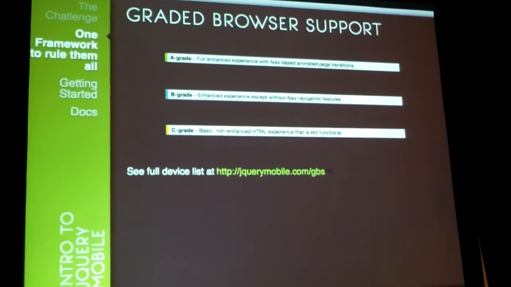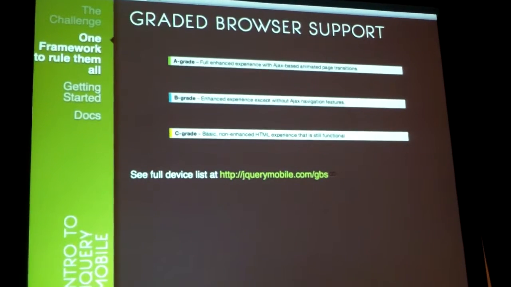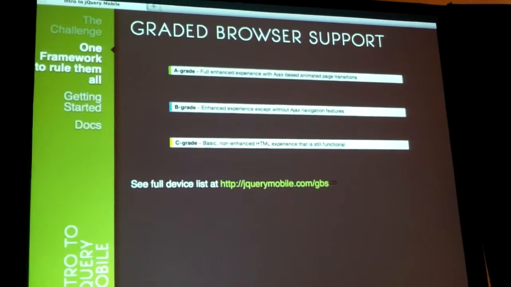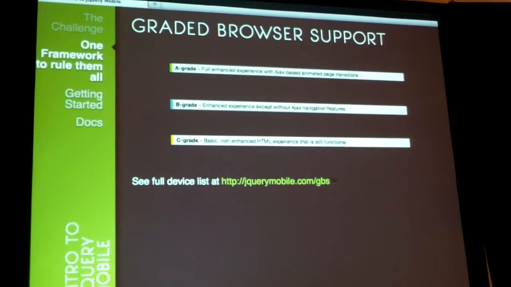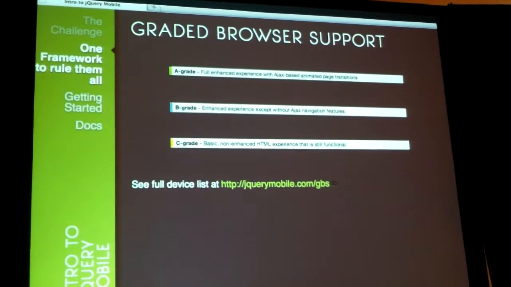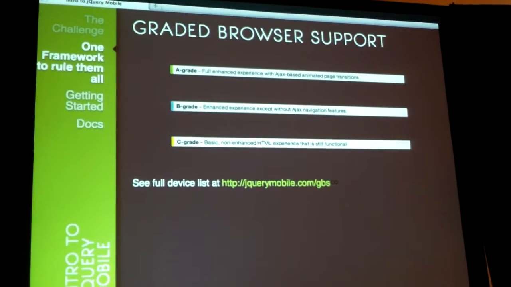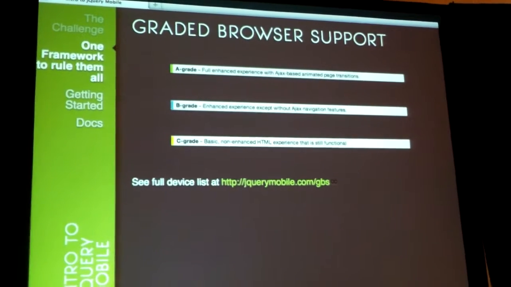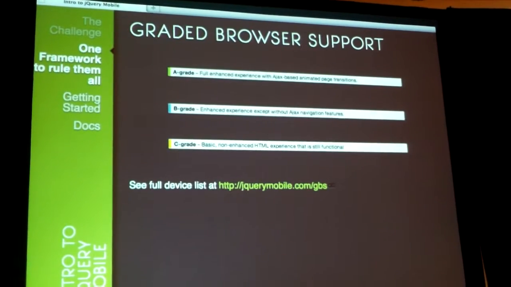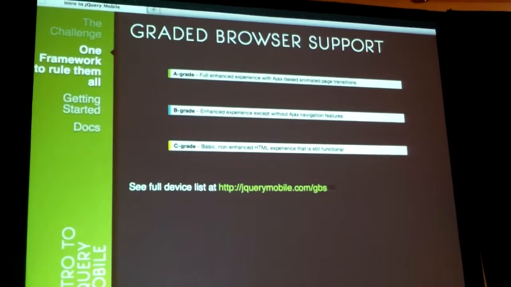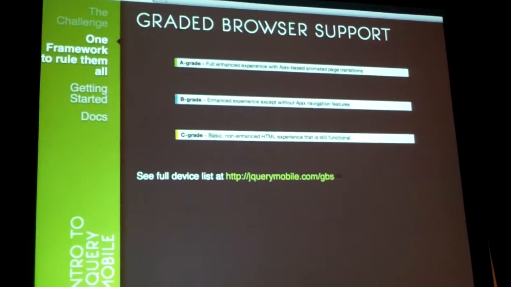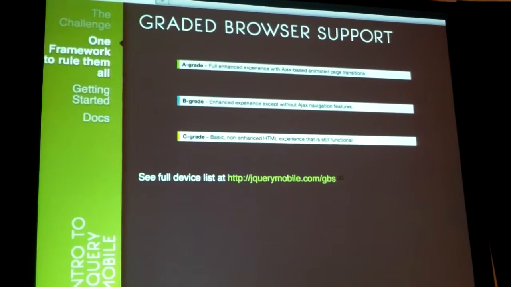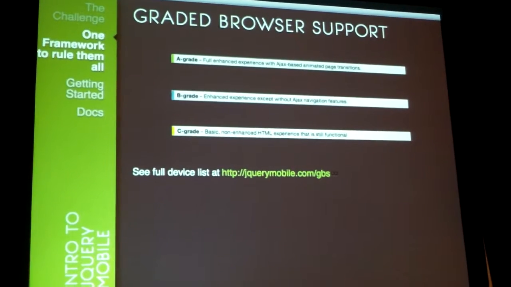A B grade device allows you to have the enhanced experience, but might not allow you to do the AJAX navigation features. We target those as B grade. And then C grade, you can generate HTML basically, and you get the non-enhanced HTML experience there. And you can see the full device list at jQueryMobile.com/GBS.